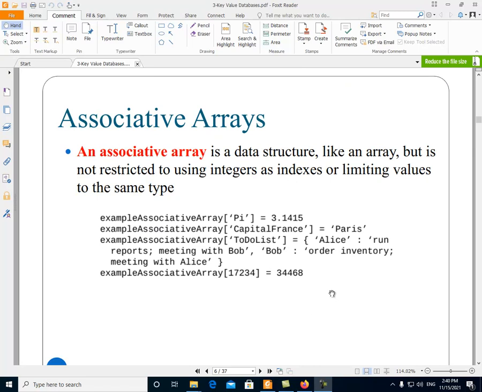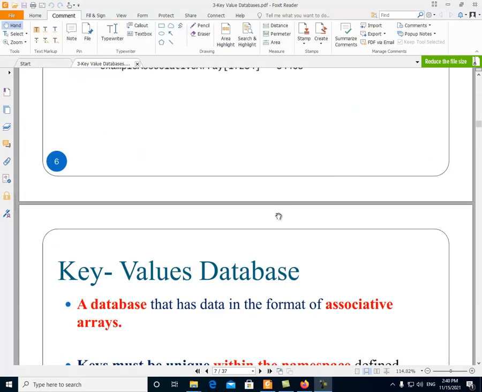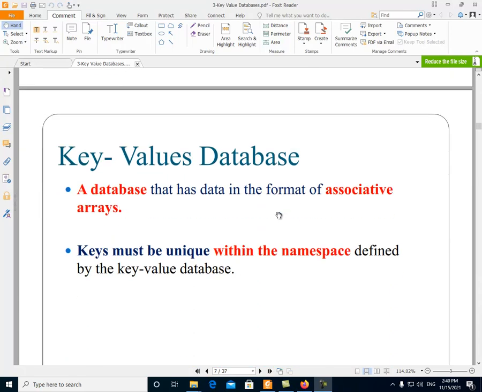In the associative array, the index could be anything, and the types of the values are not limited to be the same. So the key value is similar to the associative array.